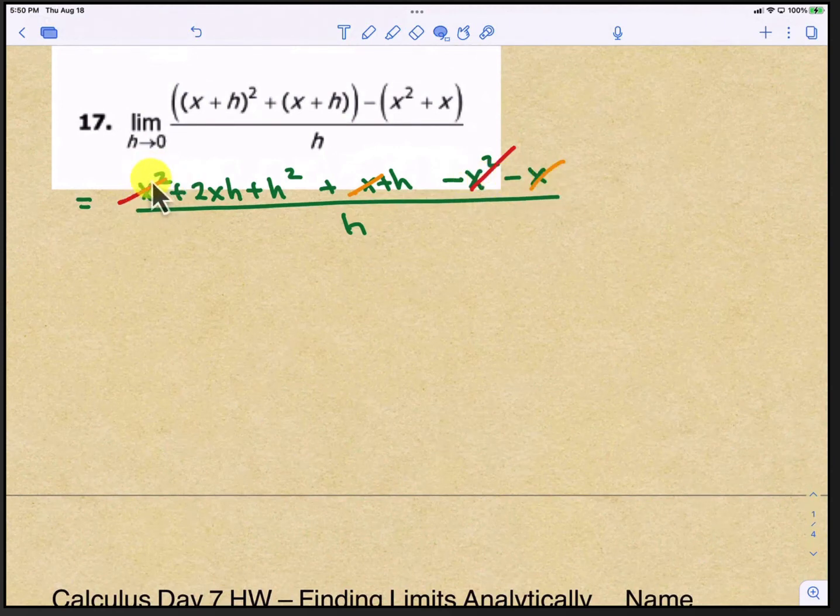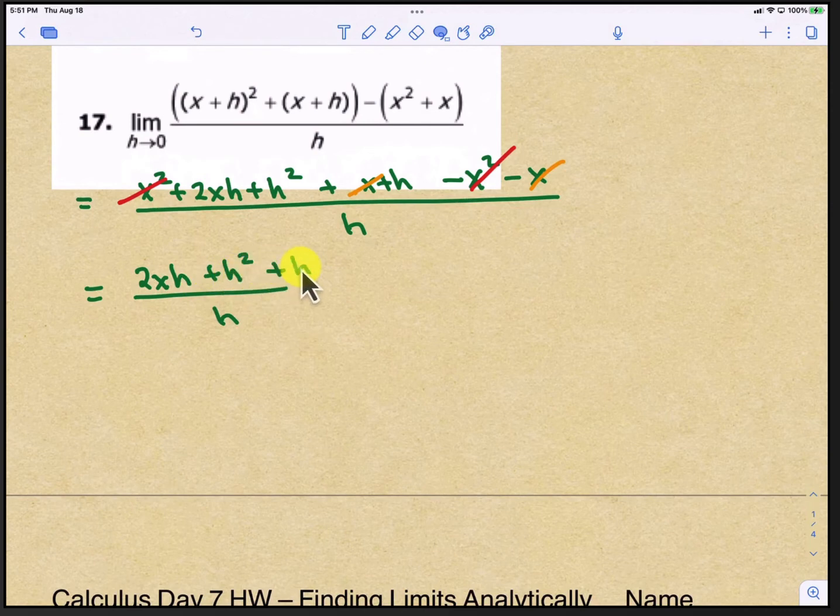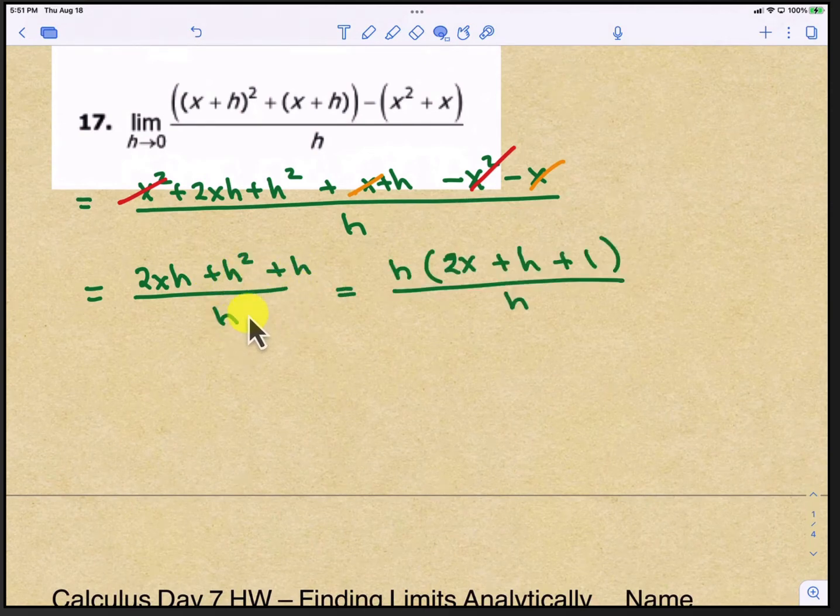This x squared and that minus x squared will cancel out. This positive x and this negative x also cancel out. And that leaves us with 2xh plus h squared plus h all over h. We have an h in common, which we factor out, and that leaves us with 2x plus h plus 1 in parentheses.